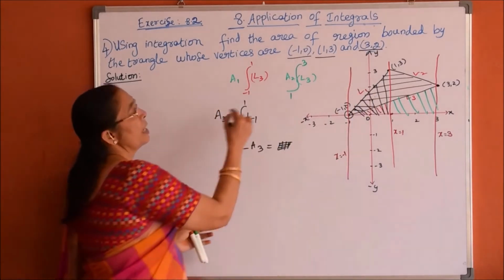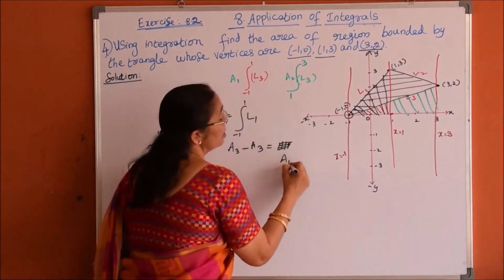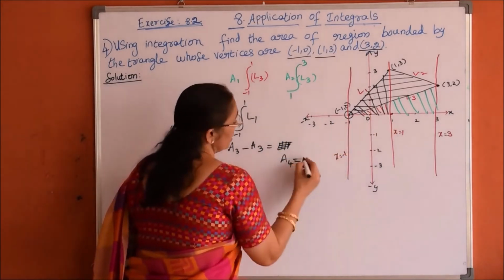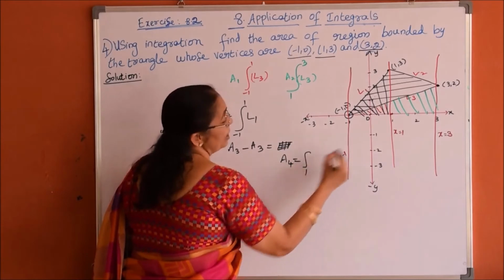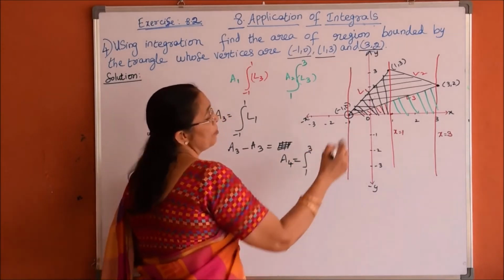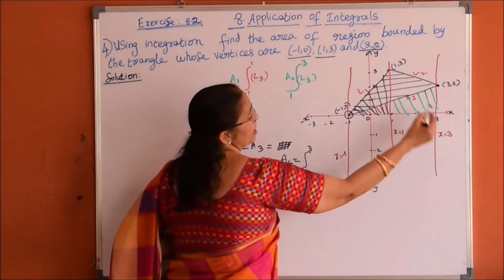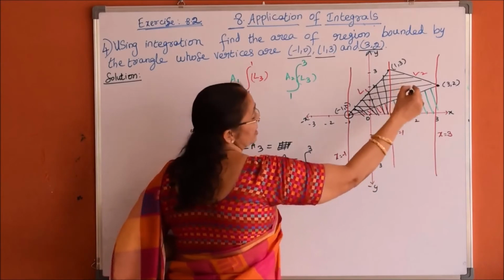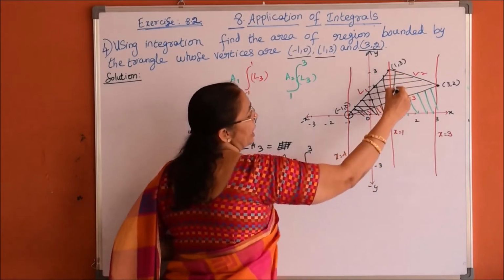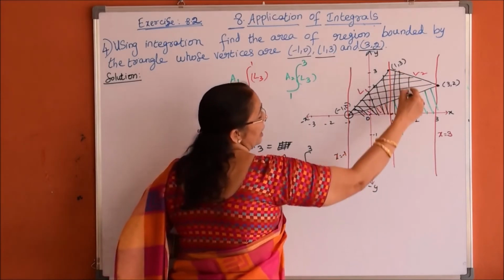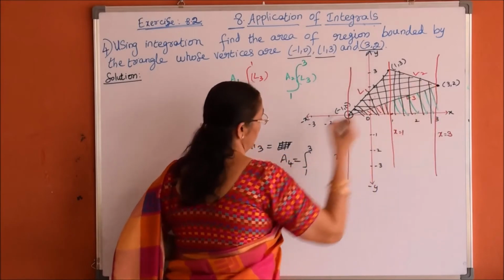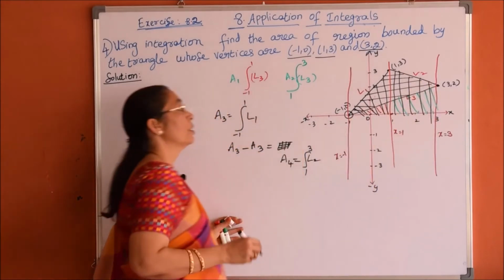Similarly, A4 is nothing but the area covered by the line x is equal to 1 to x is equal to 3, between the lines x is equal to 1 and x is equal to 3 by the line L2. Fine.